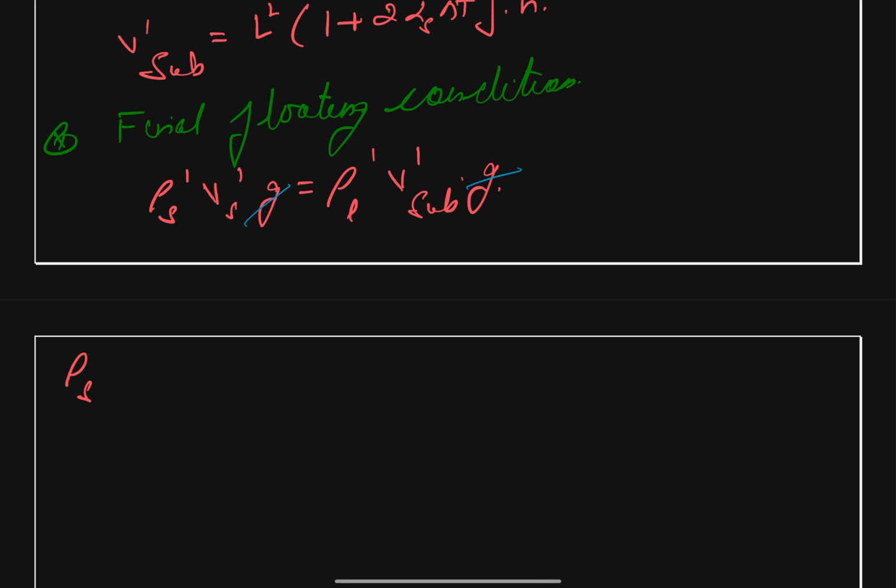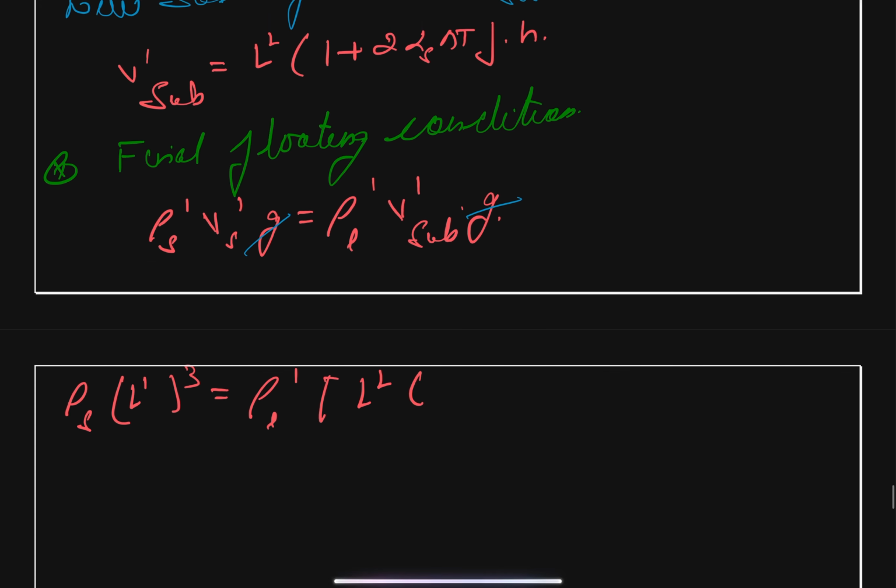So we get the new submerged volume, our L prime cube, is equal to rho L prime, and the submerged volume we found out is L square multiplied by (1 plus 2 alpha S delta T) and multiplied by H. And we can substitute L prime, which we know.